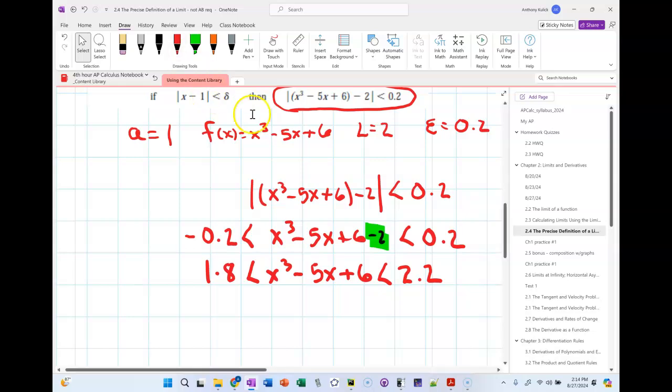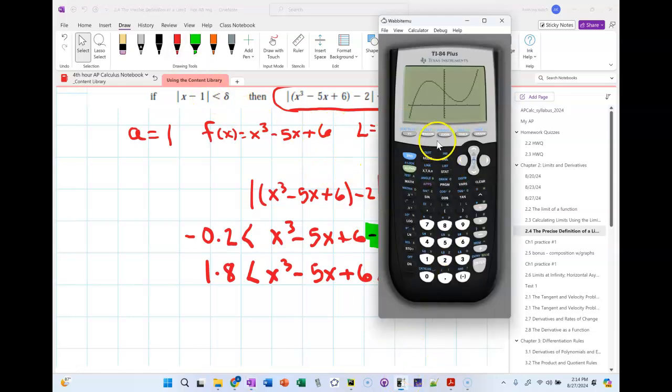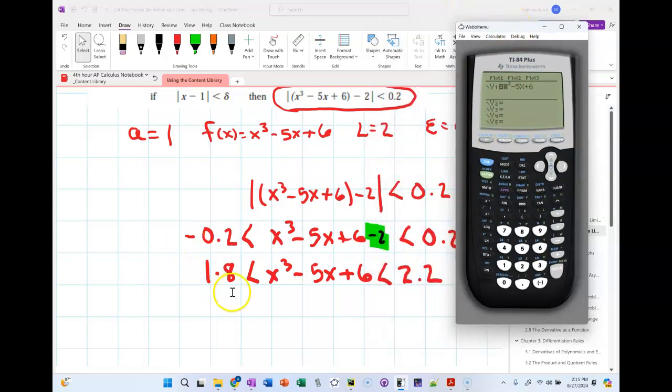Now I'm going to add to my graph the lines 1.8 and 2.2, so y equals 1.8 and y equals 2.2. And I'm going to resize my window so that I'm not looking at much more than that. So I'm going to go, say, from 1.5 to 2.5. Should be sufficient. Hit graph.